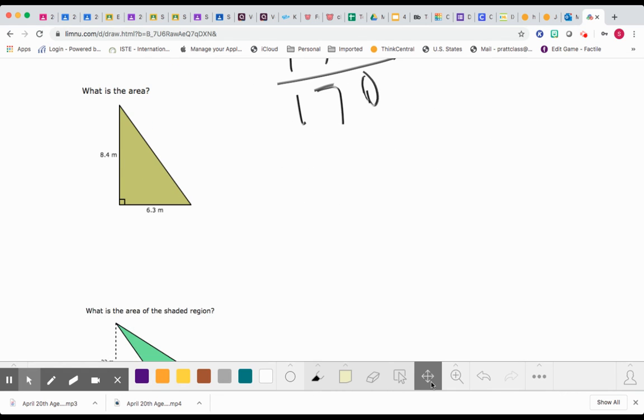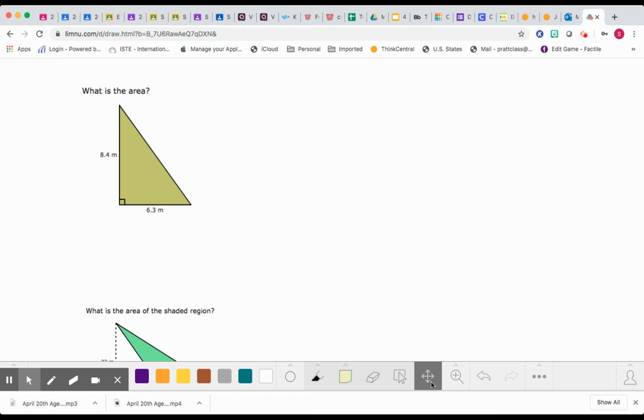So we're going to do a little bit more practice just so we can get into the rhythm of finding our areas of triangle. And then I'm going to show you how to, if you're missing a base or a height, how you're going to find that?